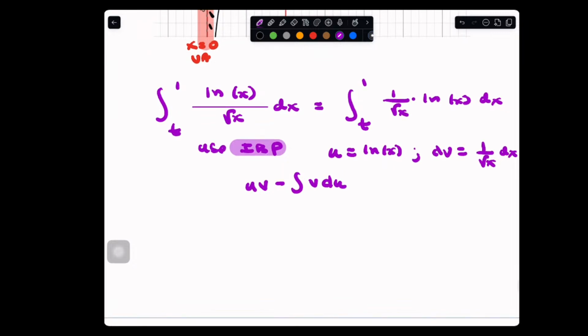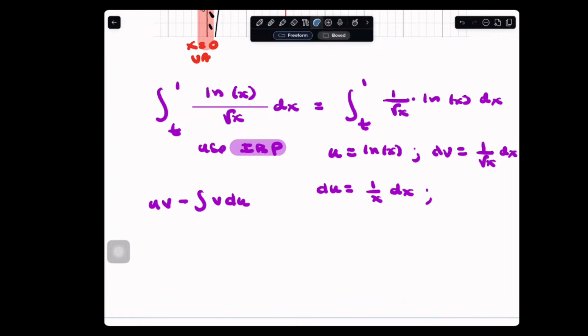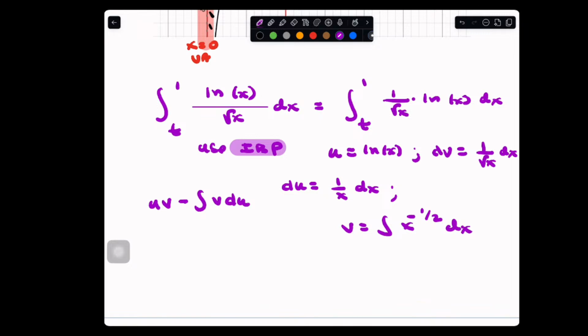Okay, so let's make sure we get these other answers. So du will be 1 over x dx, since u is the natural log of x, and v is the integral of, looks like it's going to be x to the minus 1/2 dx here.